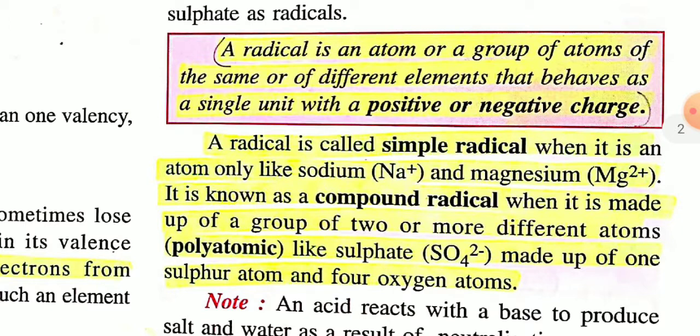In class 8 you have already studied polyatomic ions, and polyatomic ions are polyatomic radicals. For example, SO4 2- is a polyatomic radical. PO4 3- is a polyatomic phosphate radical.